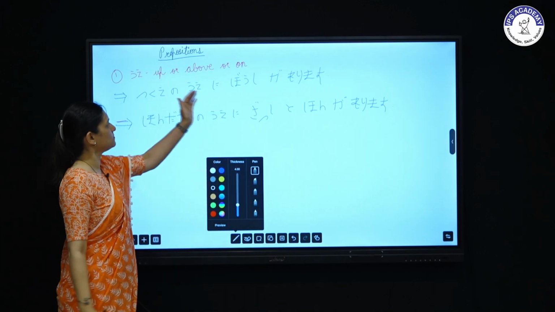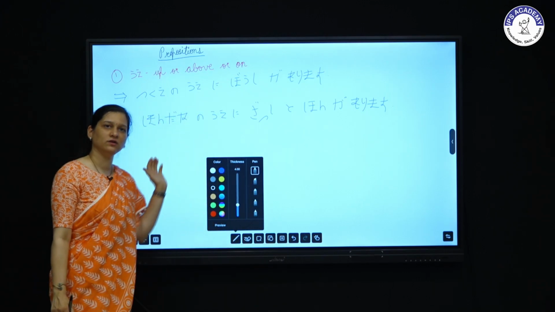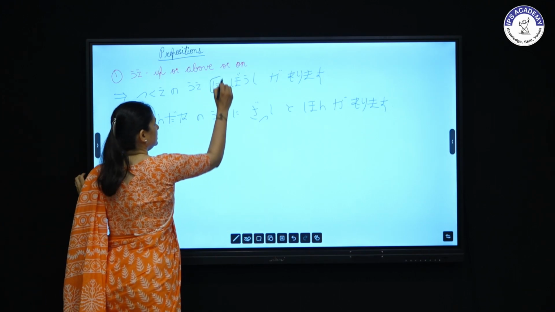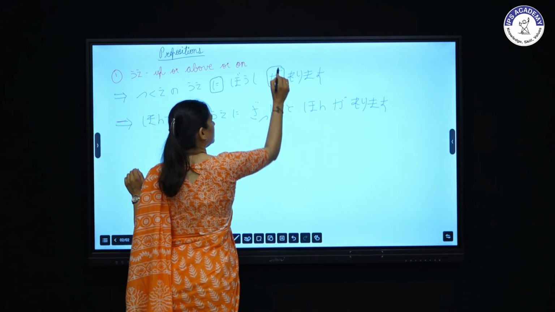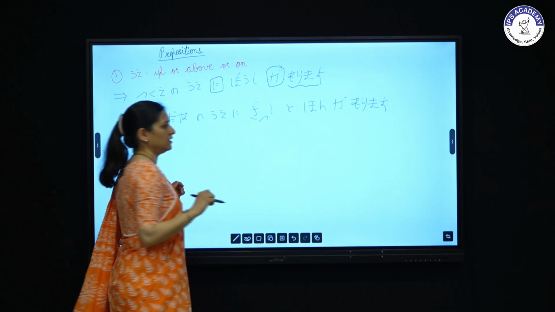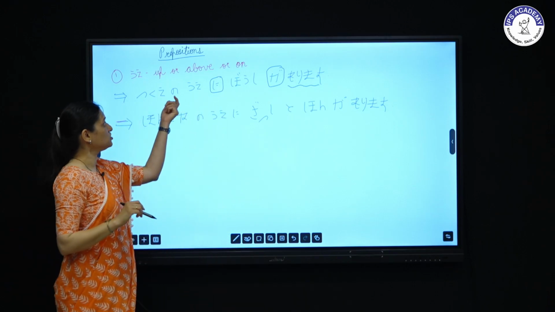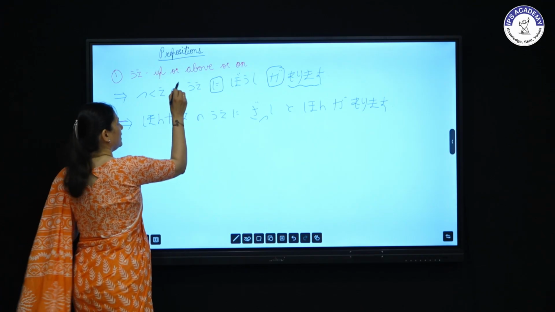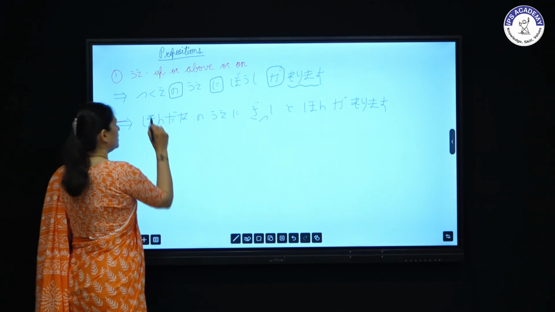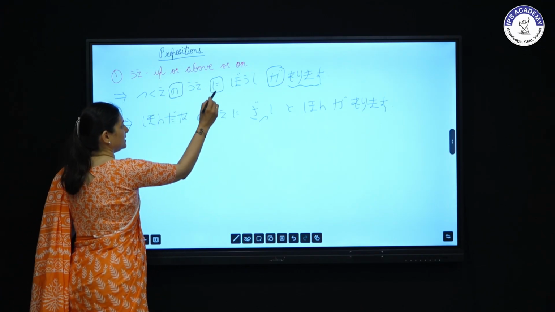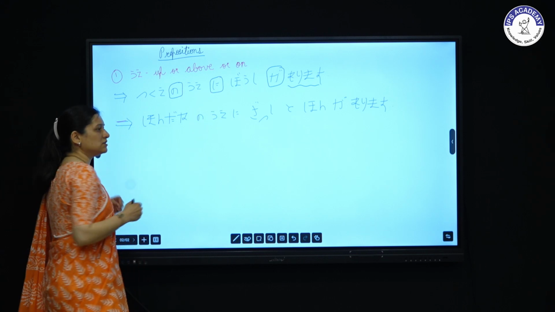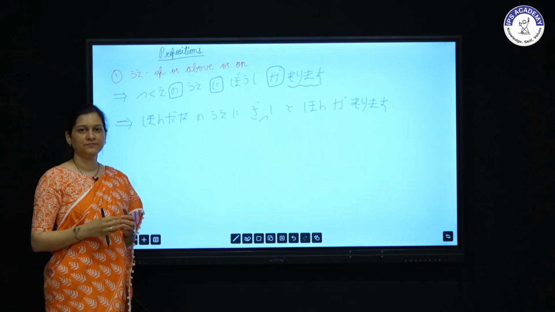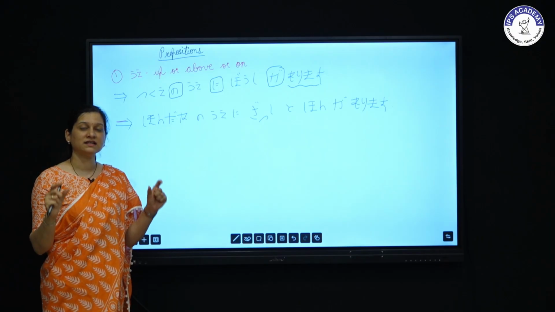See, you must have observed the sentence patterns which we have learned on the previous slide. Yes. Ni ga arimasu. Additionally, we are using no particle here. Why? See, tsukue no ue ni. Translating a sentence from Hindi to Japanese or Japanese to Hindi gives you a very correct sentence.